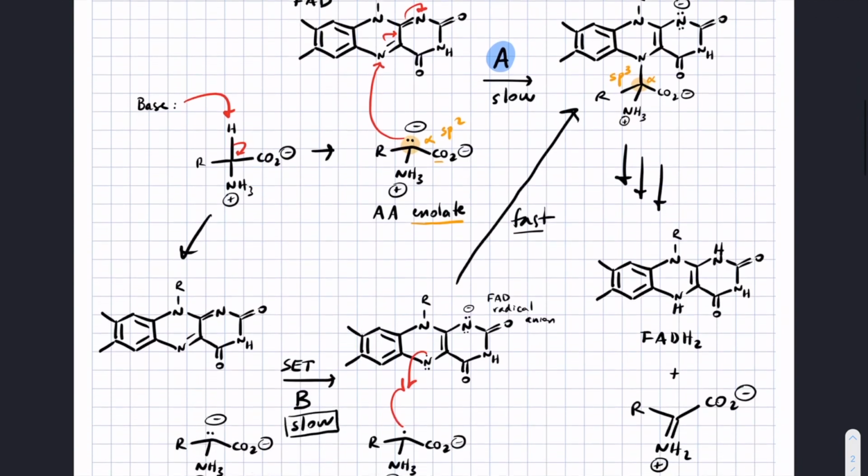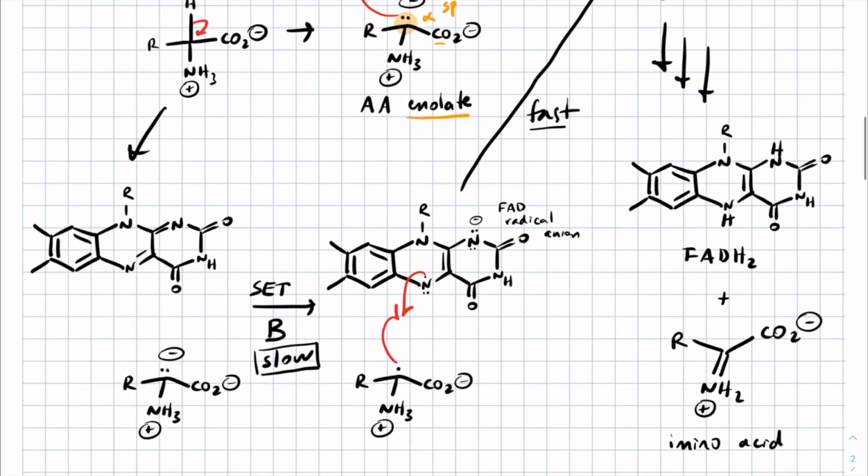Let's look at the alternative hypothesis, and that is that you again have an enolate. Again, the alpha carbon of the enolate is sp2 hybridized, but instead of attacking the nitrogen of FAD, we do a single electron transfer, and we'll call that path B. SET stands for single electron transfer. It's hard to draw the mechanism of this. It's like you take your hand and you pop an electron out of your enolate and put it into the pi system of FAD.